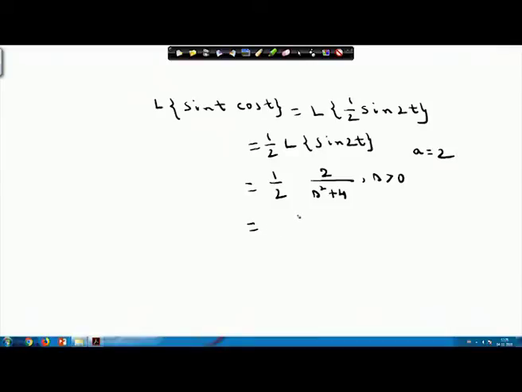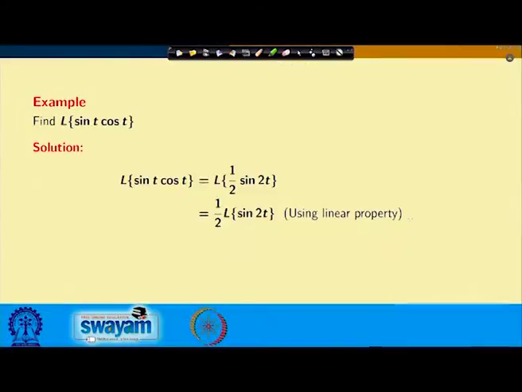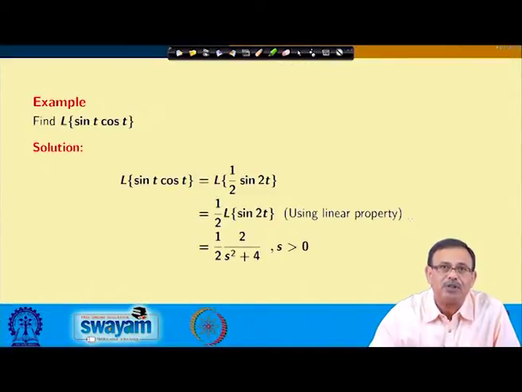So, you will obtain the Laplace transform of sin t cos t, which is 1 by s square plus 4 for s greater than 0. So, the Laplace transform of sin t cos t is 1 by s square plus 4.